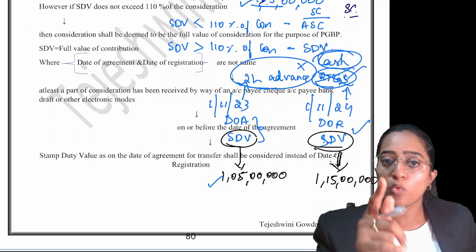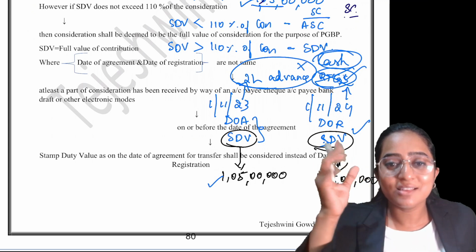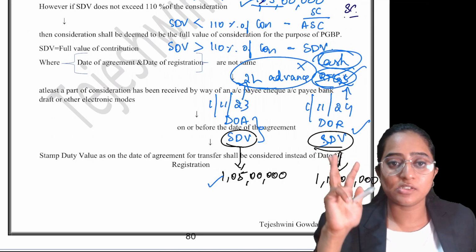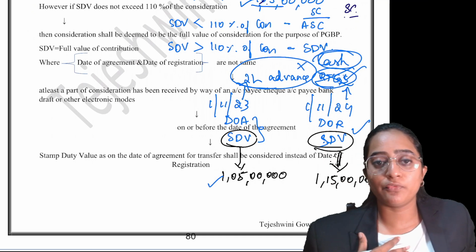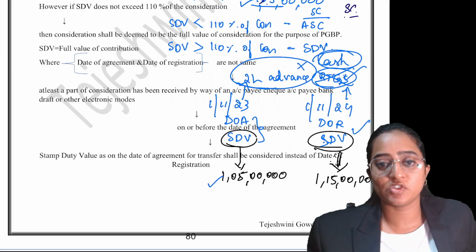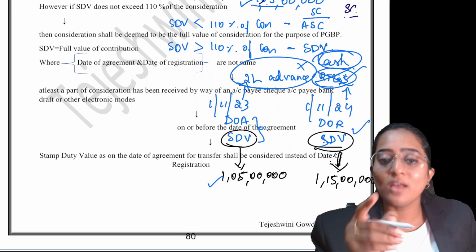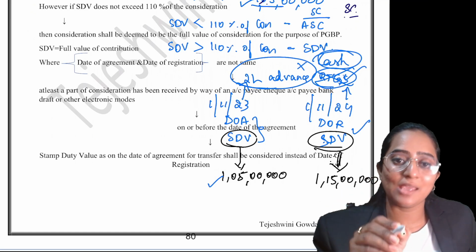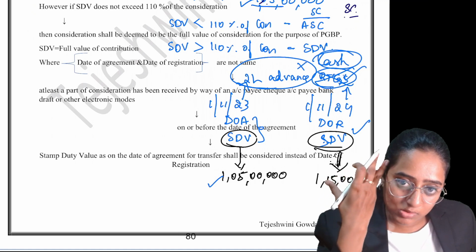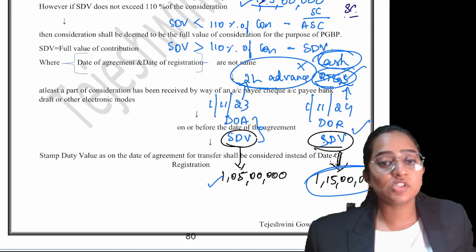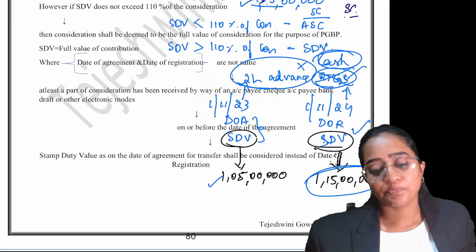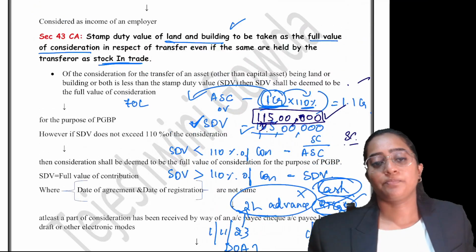The act is stating, provided you pay it other than in cash, by account payee cheque, account payee draft, RTGS, or this electronic clearance mode. If you are not doing the favor for me by not doing the transaction in cash, that is, you are not complying with the provision, you are paying it in cash, you suffer for whatever you have done. Take SDV as on the date of registration only.